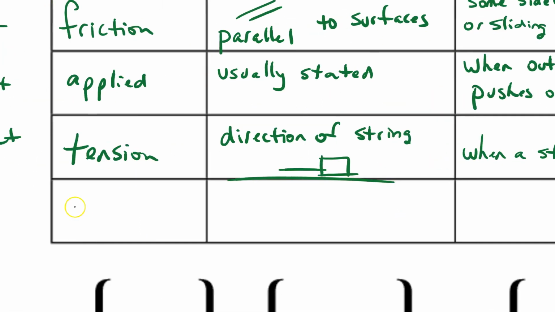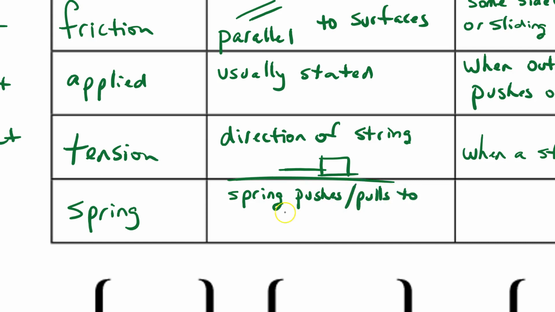The last one we have here is a spring. And the direction, well, whatever direction returns the spring back to its original shape. So we can say that the spring pushes or pulls to return to original shape.